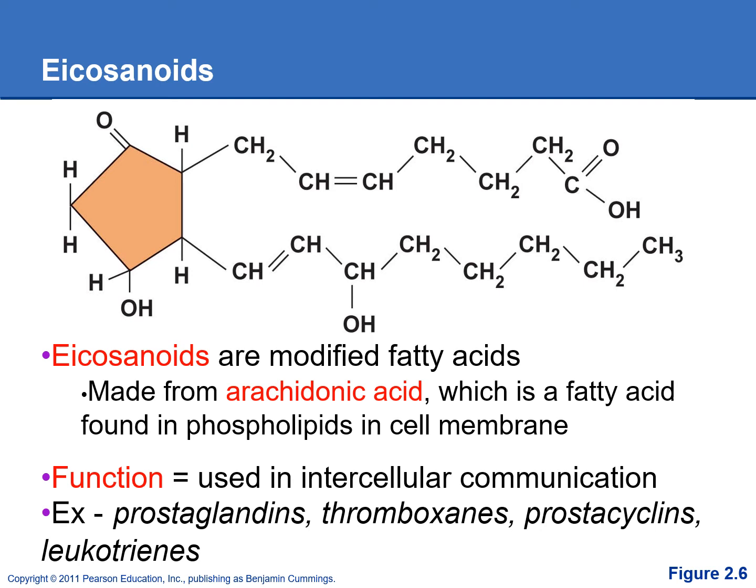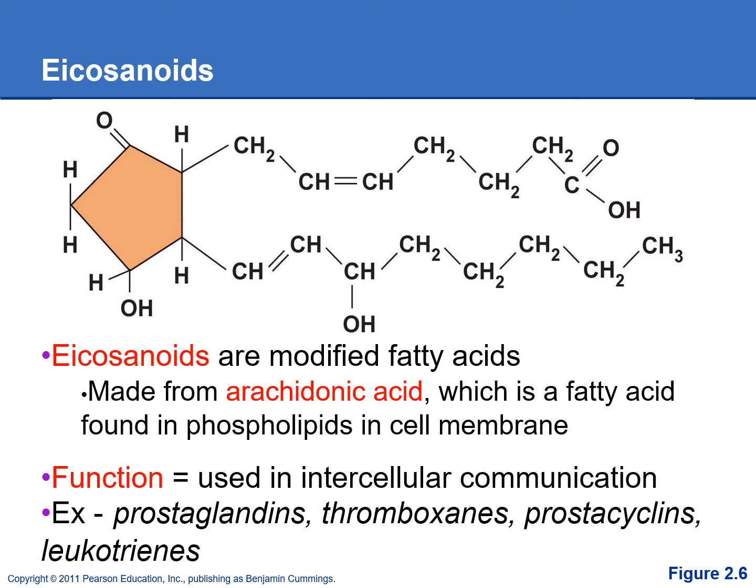The name is really funny. Eicos, that prefix means 20, and it's just referring to the fact that if you count the number of carbons up here, there are 20 carbons, and that's how they named this.